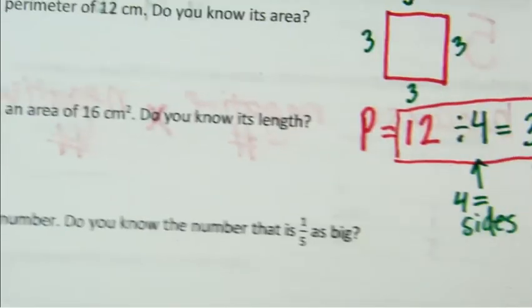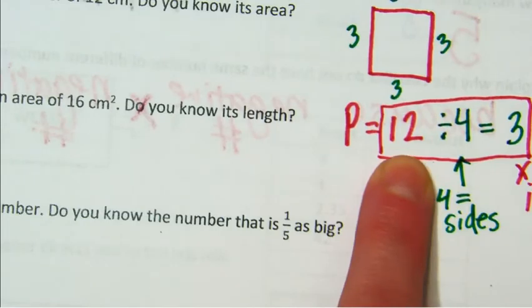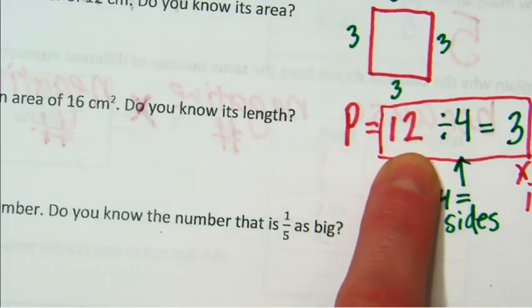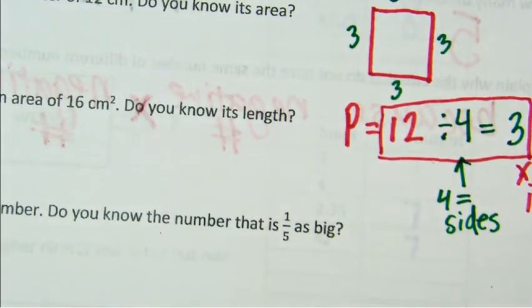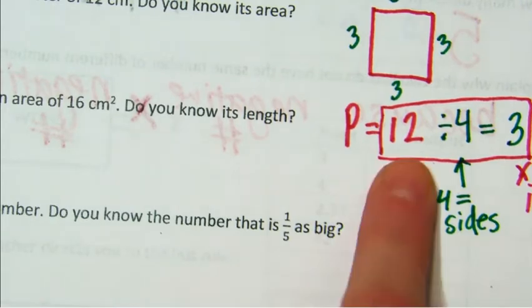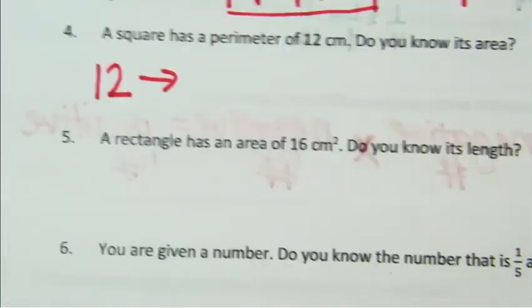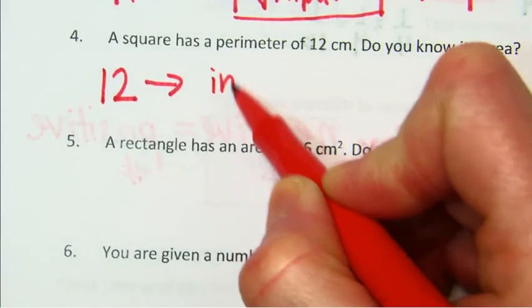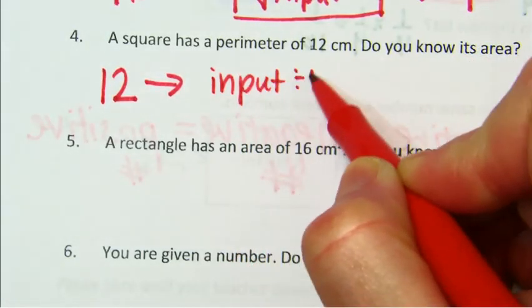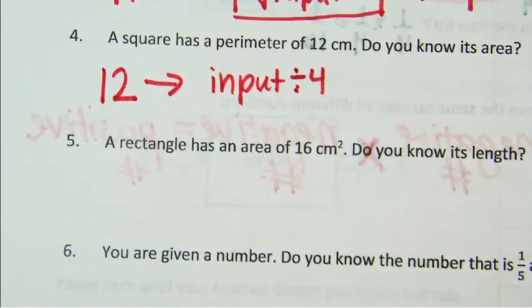So I'm going to take that input, right? So this is my input. It's not always going to be 12. I might give you the number 16, and then you have to figure it out, right? So you take the input, and we divide by 4, right? So we're going to write input divided by 4 for the 4 sides of our square.